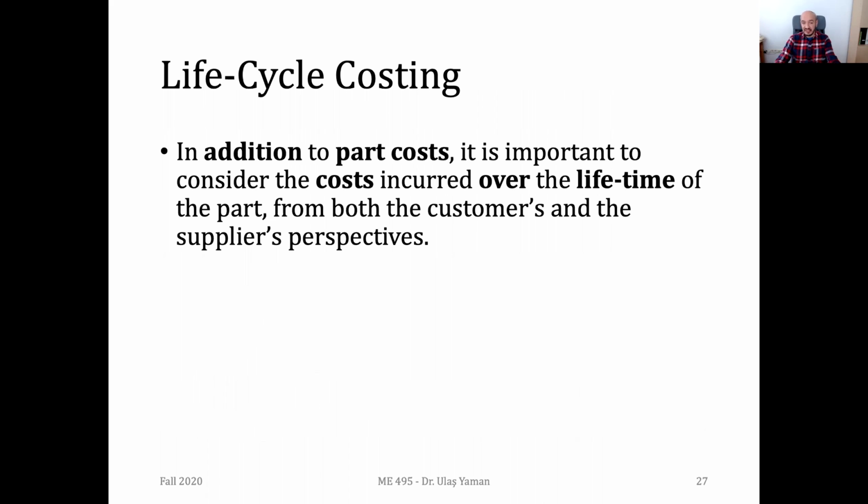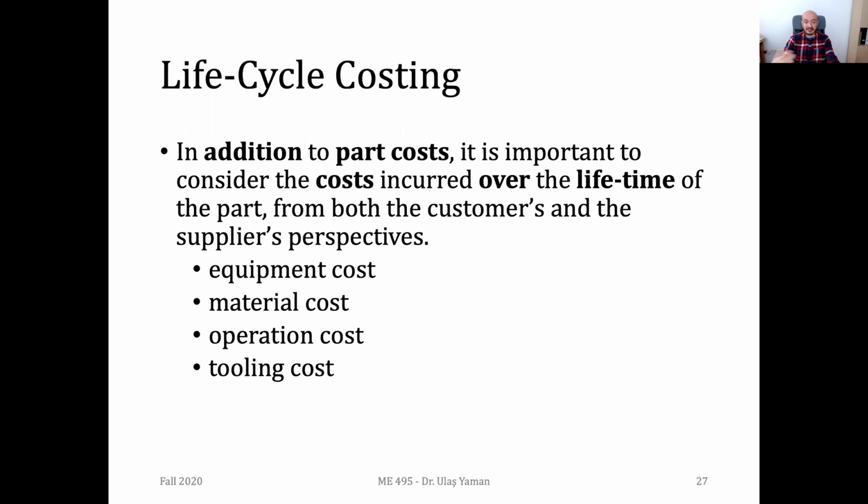So there are many issues, and this results in an increase in the selling price. We have equipment costs, materials, operations, some extra operation costs, tooling costs. Some of them are included in the price, but they're not reflecting the main costs in a proper way. That's why they add lots of money on the manufacturing cost.